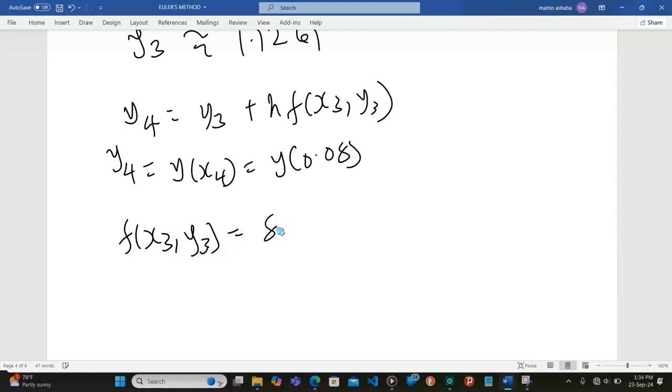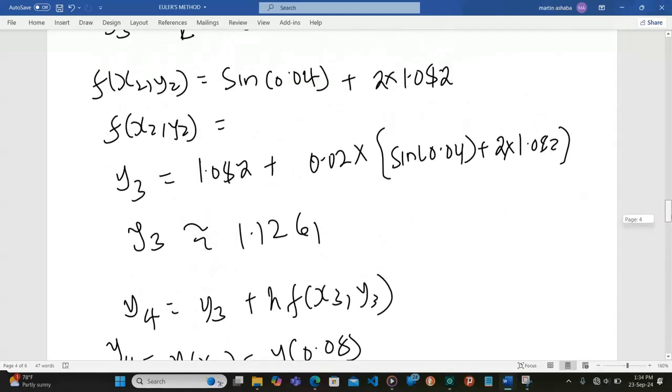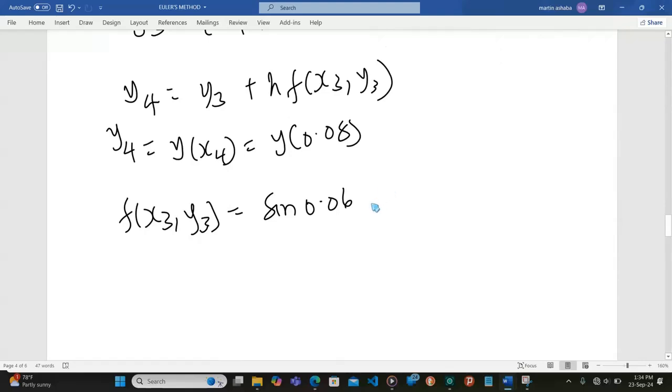It is the same as sin of 0.06, because we said x3 is 0.06. It is up here. Then plus 2 times 1.1261.